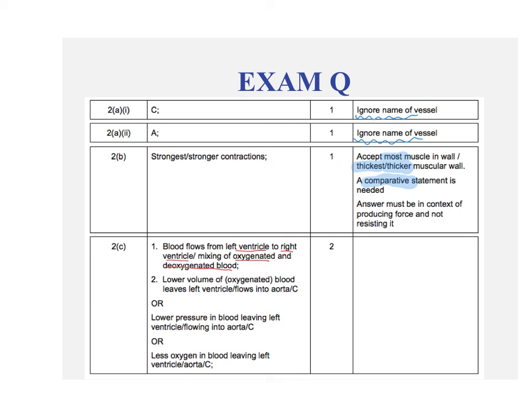It's a standalone mark. So if you've said that blood flows from left to right and there's a mixing of oxygenated and deoxygenated blood, still only 1 point. And that means that a lower volume of oxygenated blood leaves the left ventricle. You could have also said that there's less oxygen in the blood leaving the left ventricle or leaving the aorta, something like that.